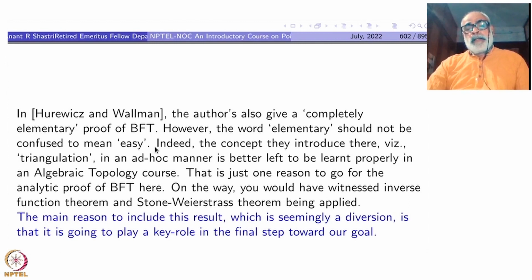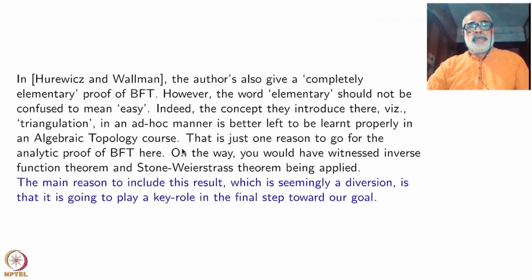Indeed, the concept they introduce in order to prove this theorem, namely triangulation, they don't use the word triangulation at all, but that is what they are doing, in an ad hoc manner. So that is better left to be learned properly in an algebraic topology course. That is one reason we are not very keen to present that proof here.